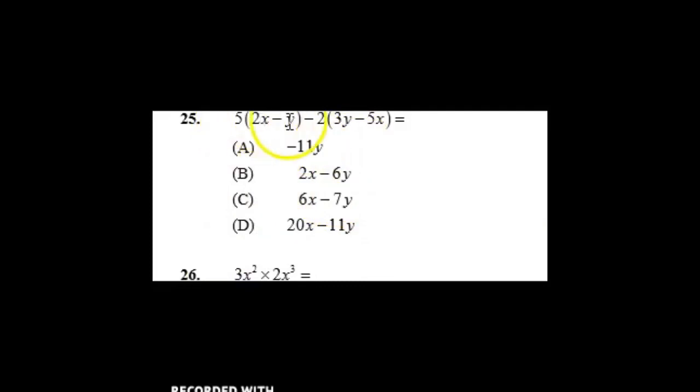5 bracket 2x minus y minus 2 bracket 3y minus 5x, and we're asked to reduce or to show working until we get one of the answers in the multiple choice. So here we can say 5 times 2x would have given us 10x. 5 times negative y, negative 5y.